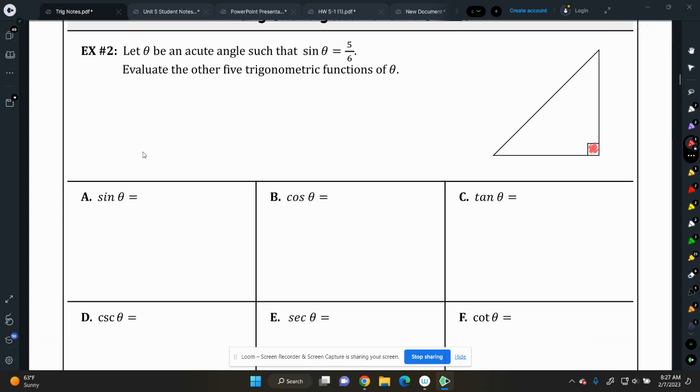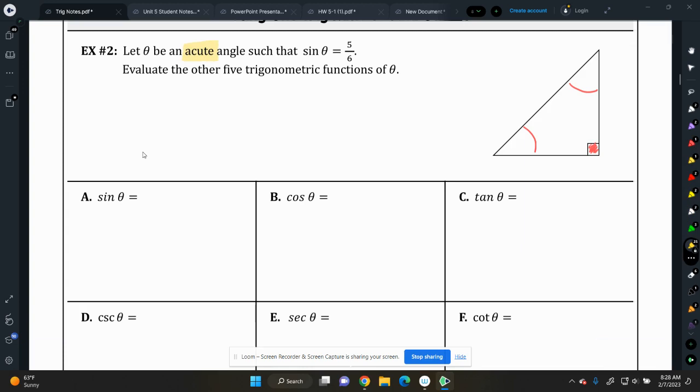How many degrees are in a triangle? 180. So if that angle is 90 degrees, then the other 2 angles have to add up to 90 degrees, which means both of them are less than 90. So that means both of these angles are going to be acute angles.